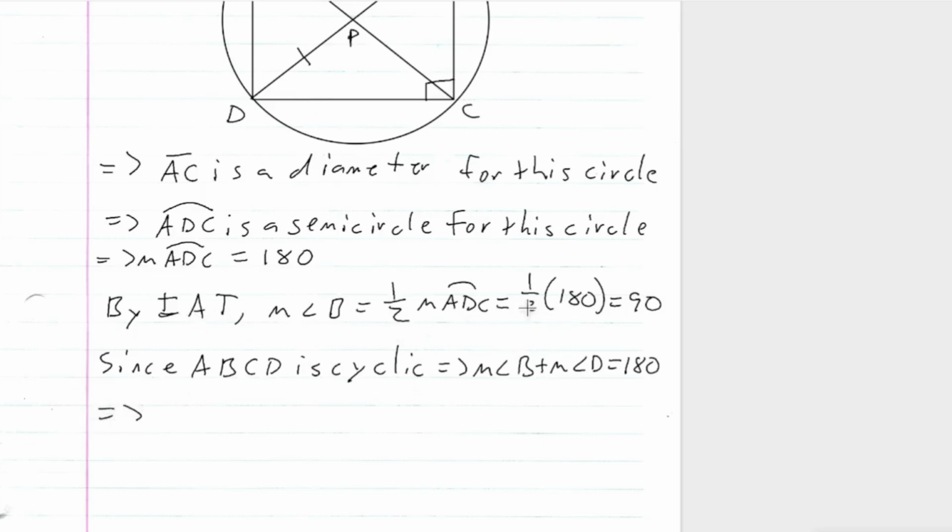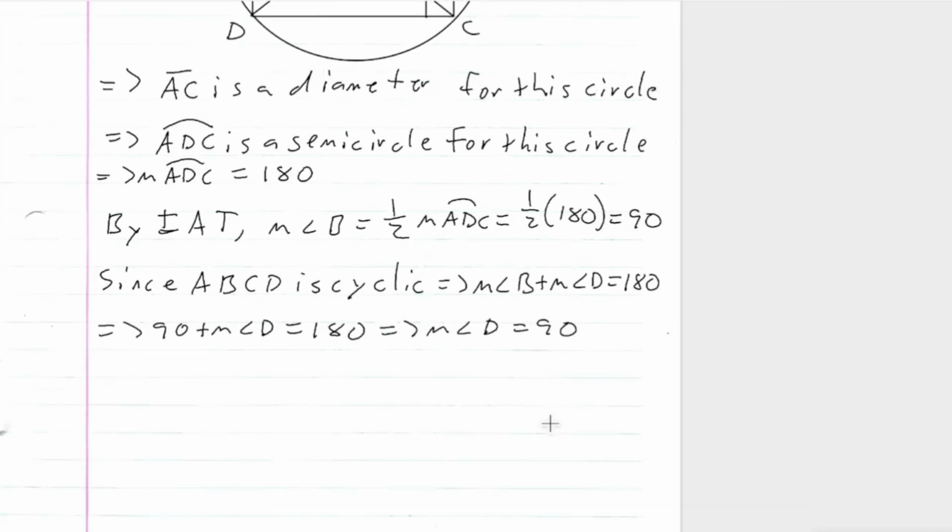Since I know that B is 90, this implies that 90 plus the measure of angle D is equal to 180, which of course implies that the measure of angle D is 90. So we have the measure of angle A is equal to the measure of angle B, which is equal to the measure of angle C, which is equal to the measure of angle D, and all of them equal 90.